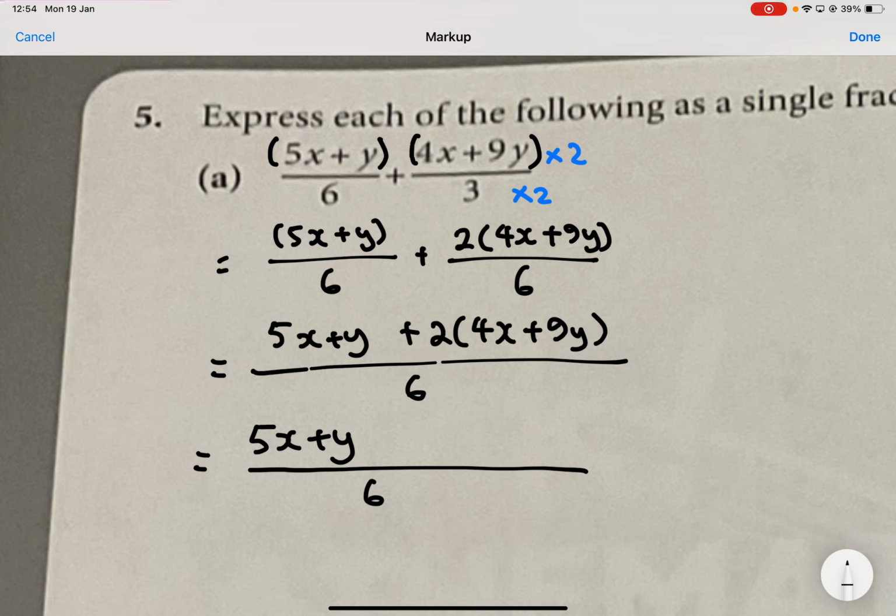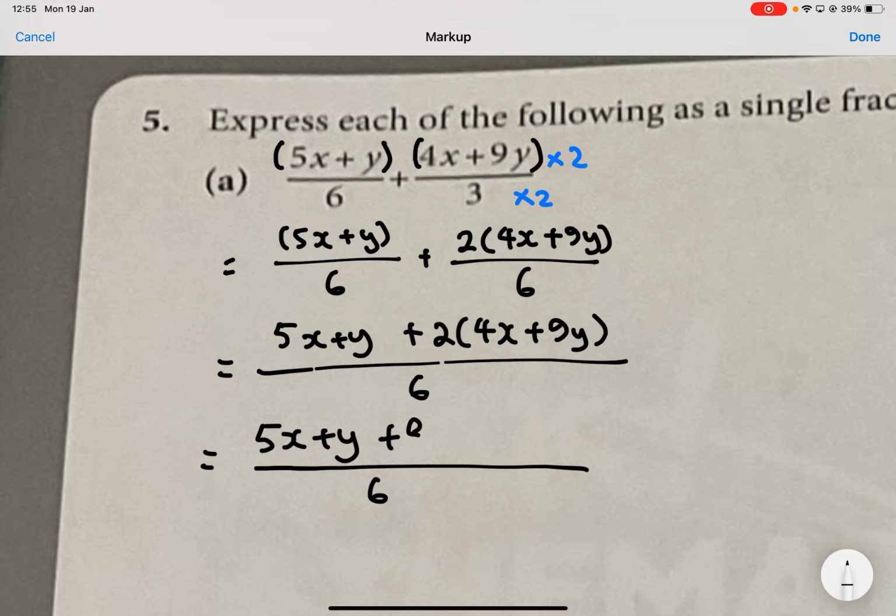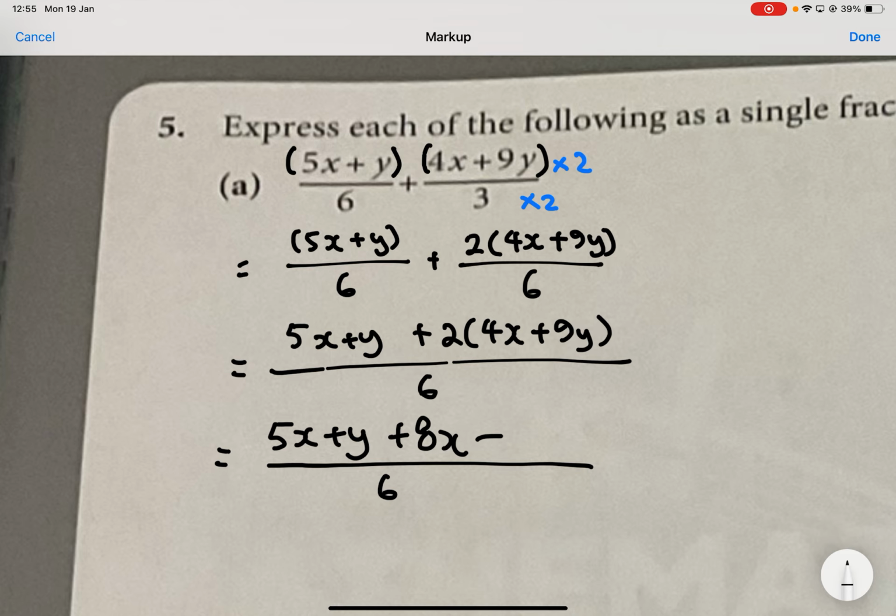Why don't I expand first? Because I want to be looking at it and double checking my positive or negative. I want to be looking at it, positive 2 times positive 4x. That's why positive 8x. I want to be looking at it, positive 2 times positive 9y. That's why positive 18y.